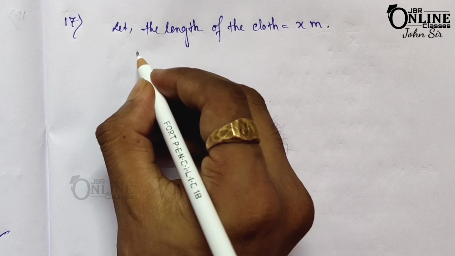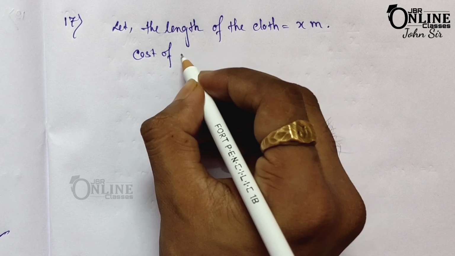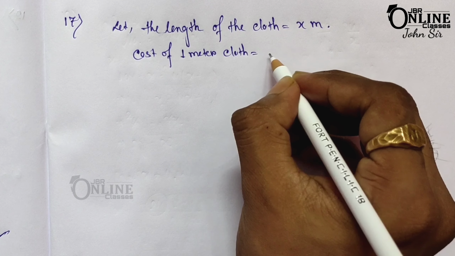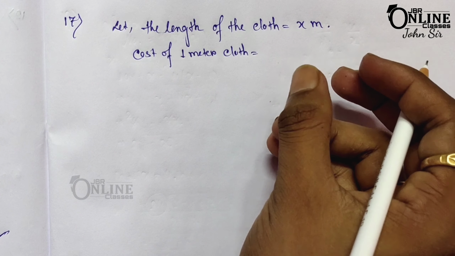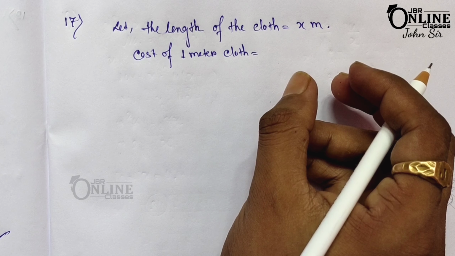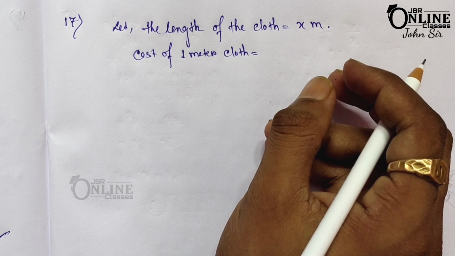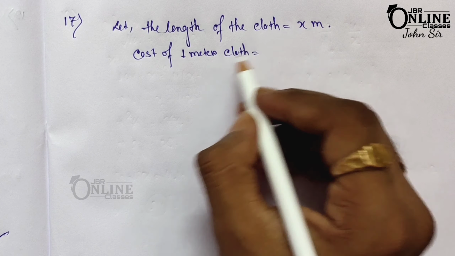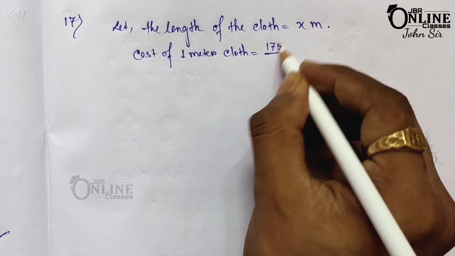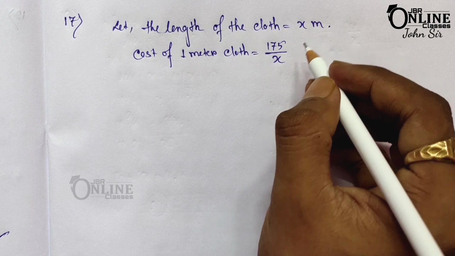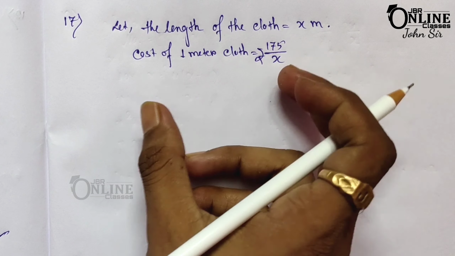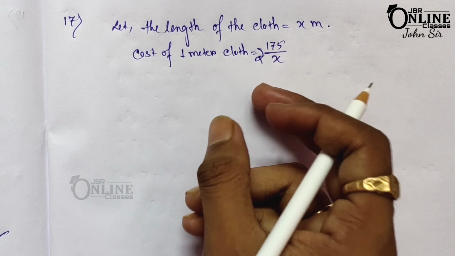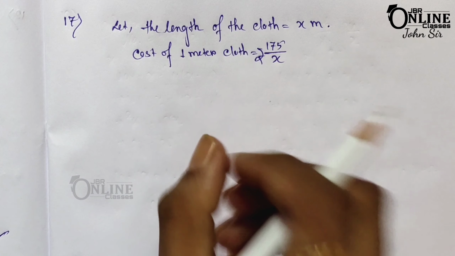The cost of 1 meter of cloth: the total cost of the cloth is 175 and the length is x meter, so the cost of 1 meter of cloth will be 175 by x. It's very easy, because the full length of the cloth is x meter and you know the total price.